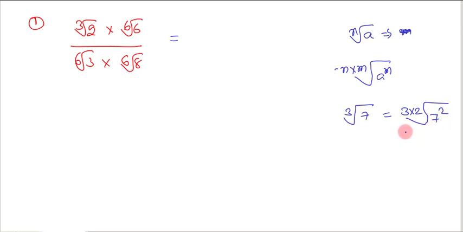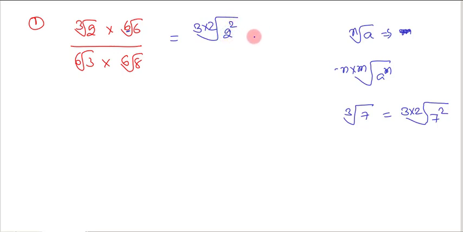With the help of this formula we can convert these surds into same order surds, as we have 6 as the order. So we need to make the order of the first surd 6, so I am going to multiply it by 2, and the radicand has to be raised to the power of 2.